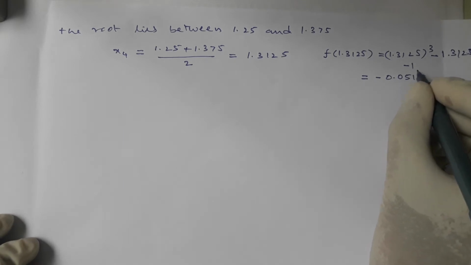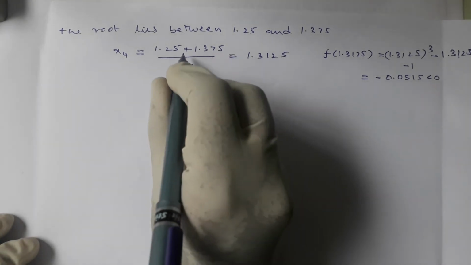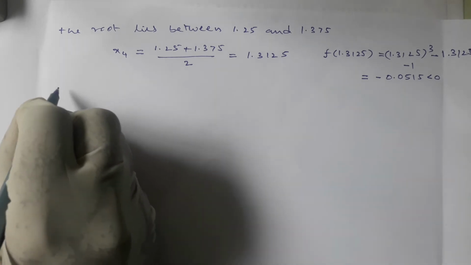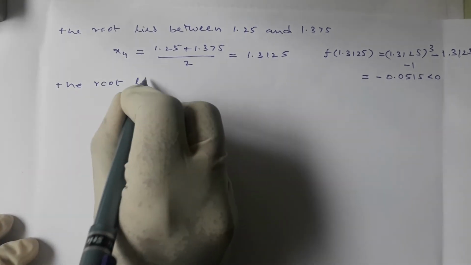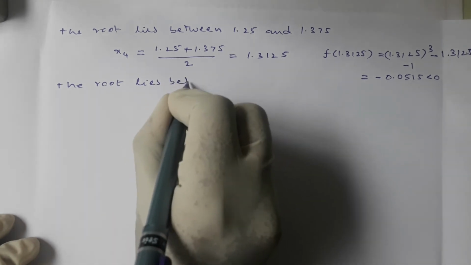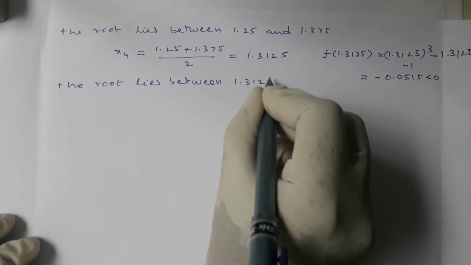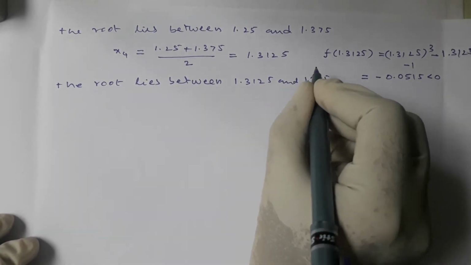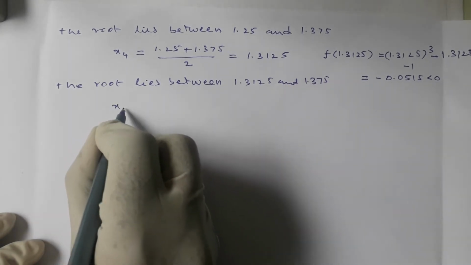It is less than 0. Whenever it is less than 0, this value goes to the middle. So the root lies between 1.3125 and 1.375.